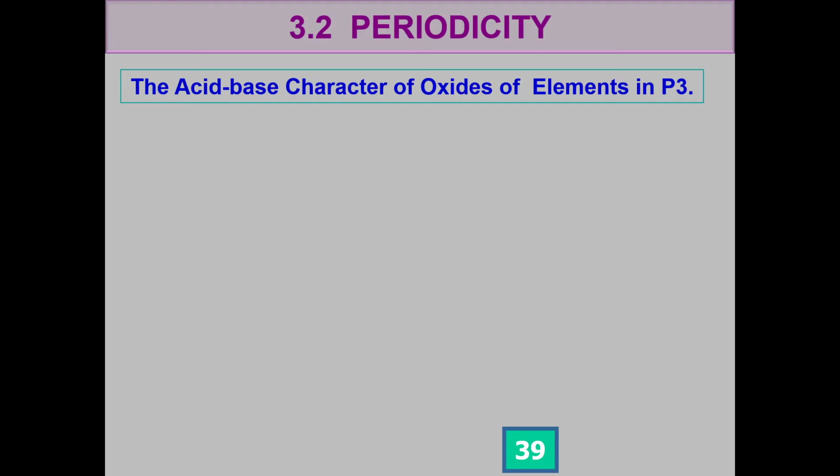And lastly, okay, I akan cerita pasal acid-base character of oxide. Okay, this one most of the time question tak masuk, tapi adalah juga masuk. So kalau you guys tengok untuk period kedua, if I'm not mistaken, betul tak period kedua untuk sodium?